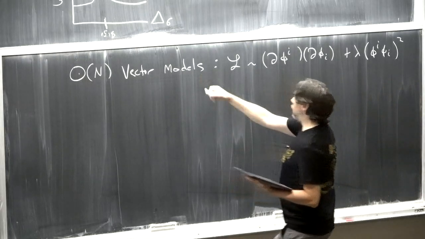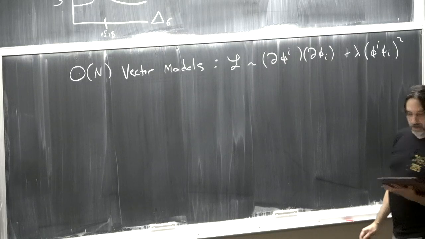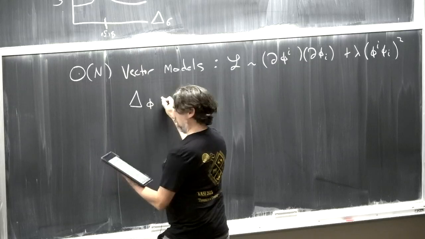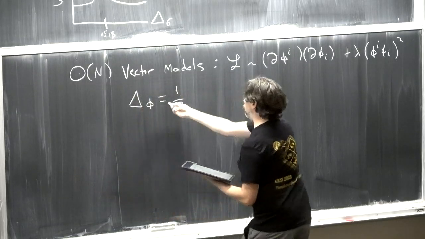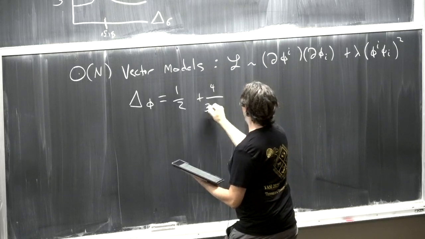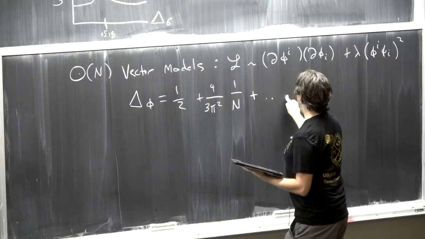These have the nice advantage that, in addition to the epsilon expansion, there's also a large N expansion for these models. So for example, in 3 dimensions, delta phi is 1/2 plus some 1 over N correction plus dot dot dot.